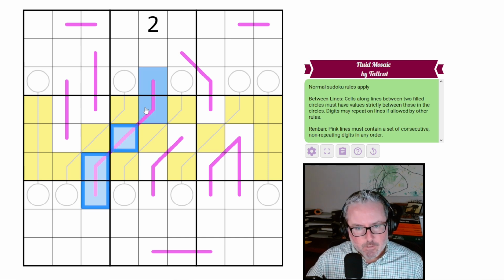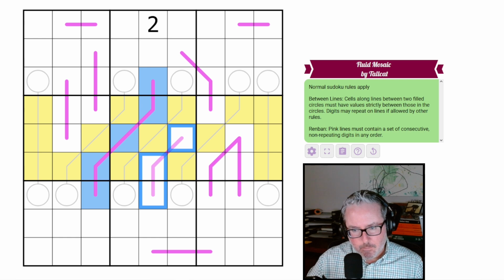This is going to be a version of something, whether it be with a 1 or with a 9. This is going to be the opposite. If this has the 1, this has the 9. If this has the 9, this has the 1.